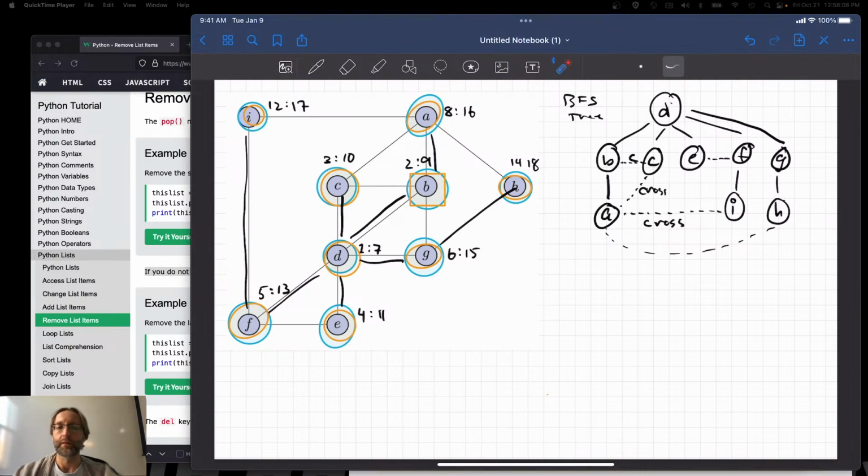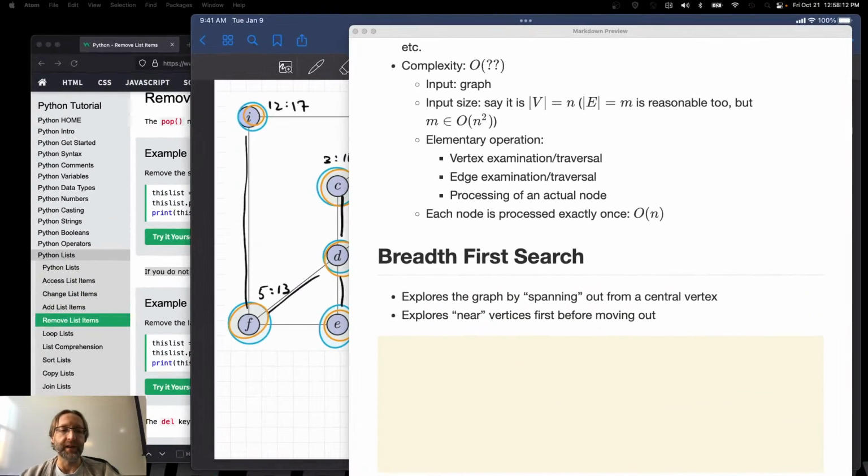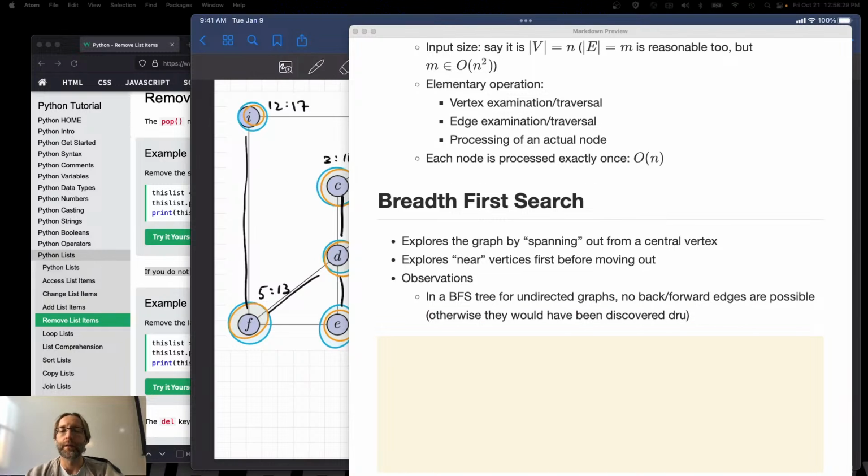Okay. So what about all of the other items here? Let's make these observations. Again, in a BFS tree for undirected graphs, no forward edges are possible. Otherwise, they would have been discovered during the BFS traversal.